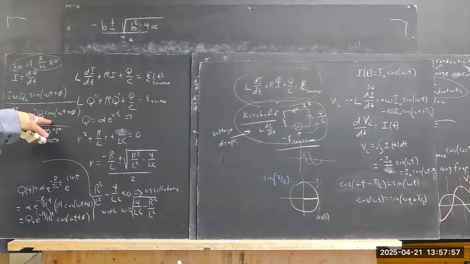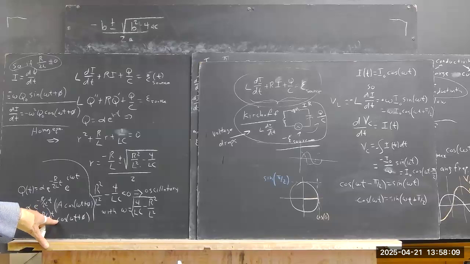The sine and the cosine are 90 degrees out of phase. The negative cosine and the cosine are 180 degrees out of phase.